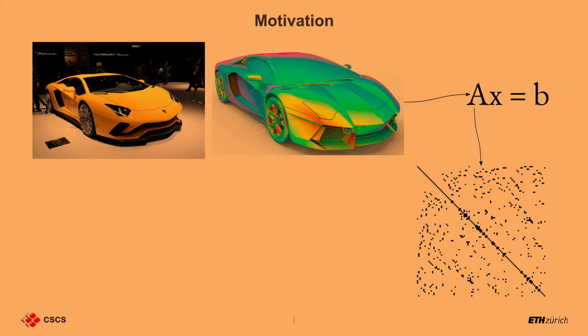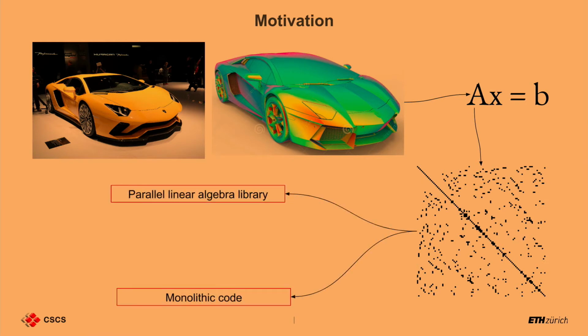So, one example is with PDE, you probably want to solve a problem that at the end is a linear problem. You have a sparse matrix. And that means that you can either write your monolith code. There are still scientists that are writing their own monolith code, for example, in CUDA, or you use a parallel linear algebra library, like PETSc or Trilinos.